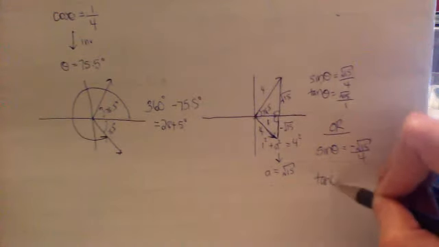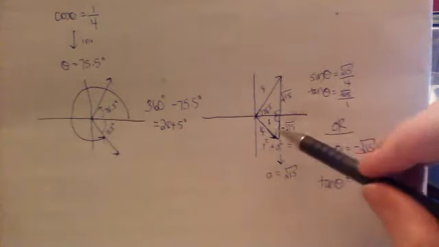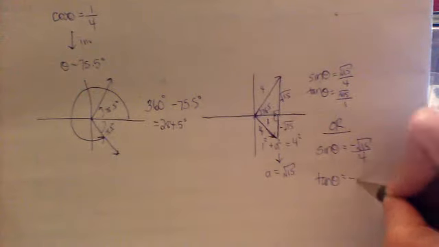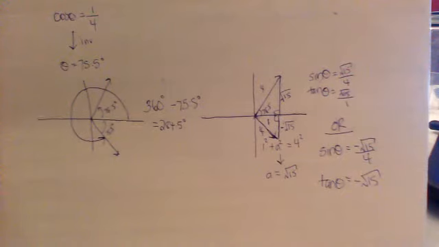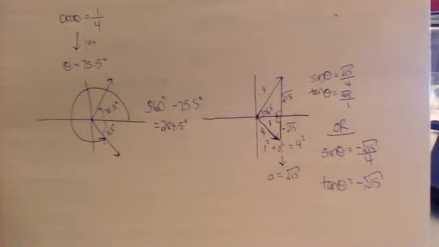And tan theta is going to be opposite over adjacent, which is negative root 15. Again, we don't need to put negative root 15 over 1.